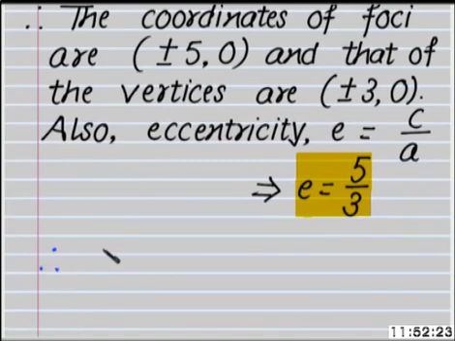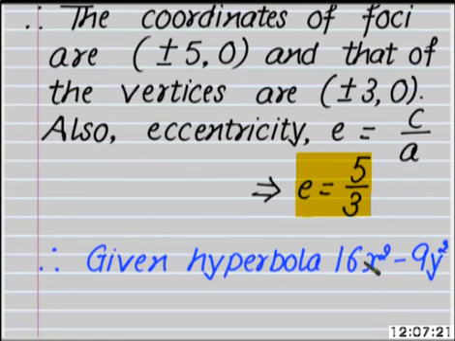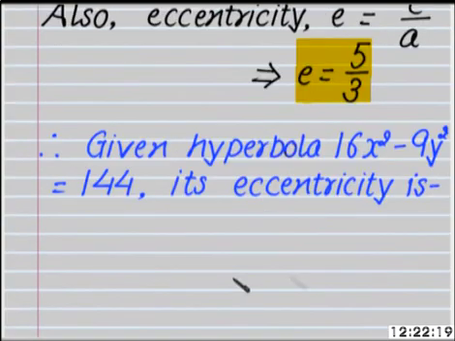Therefore, for the given hyperbola 16x square minus 9y square equal to 144, its eccentricity e is equal to 5 upon 3.